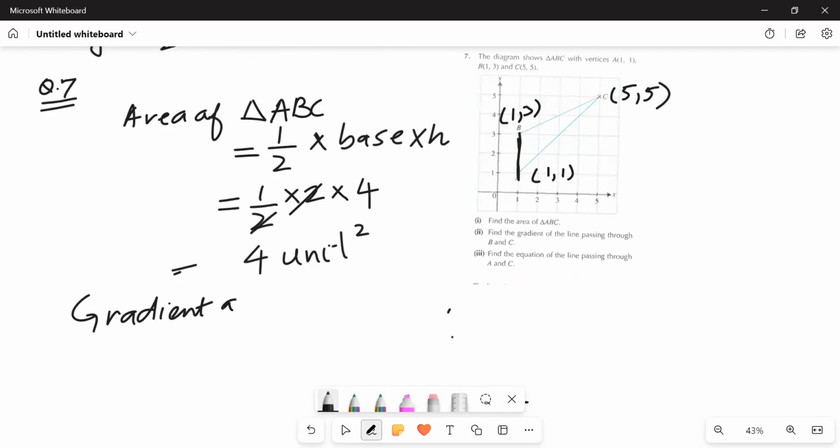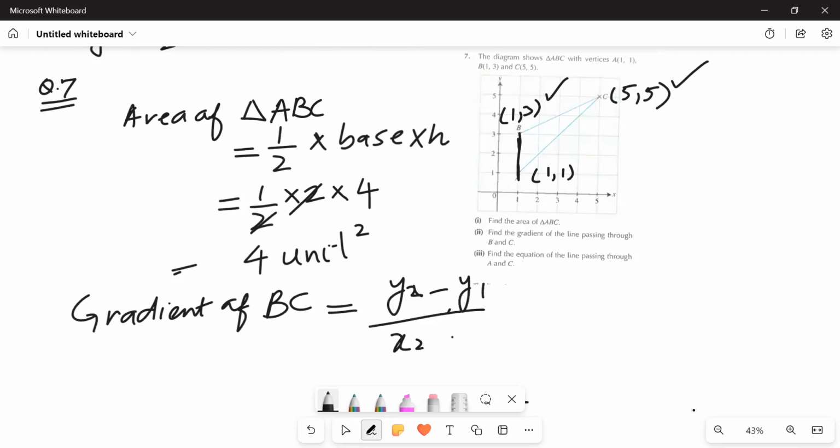Gradient of BC: it will be y2 minus y1 over x2 minus x1. y2 is 5, taking C as the second point and B as the first point, so y1 is 3, x2 is 5 and x1 is 1.